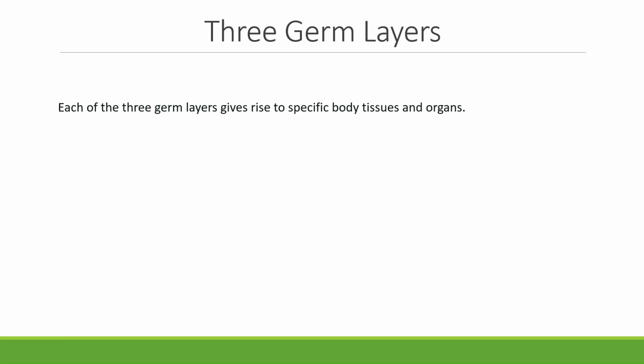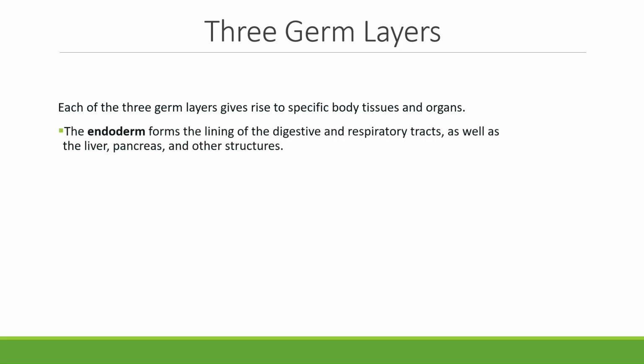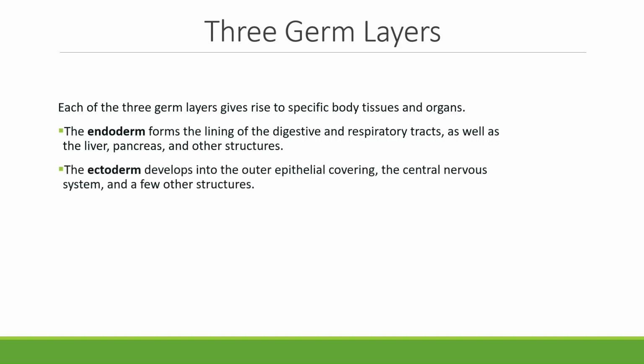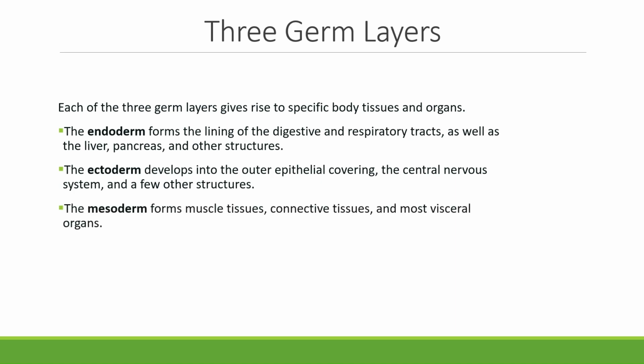Again, each germ layer has specific developmental fates. The endoderm forms the inner lining of the digestive and respiratory systems and gives rise to organs such as the liver and pancreas. The ectoderm forms the outer epithelial covering and the central nervous system. And then you should be aware that the mesoderm forms muscle tissue, connective tissue, and most other internal organs.